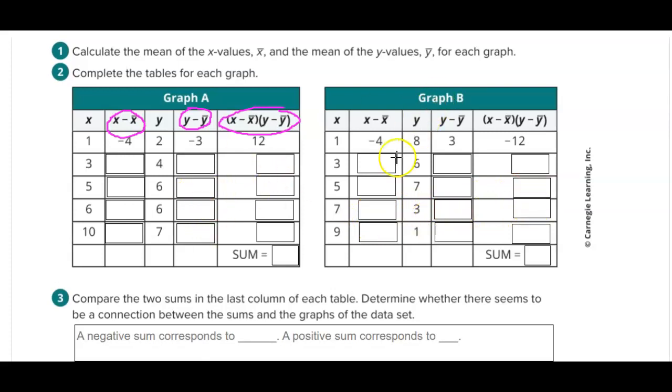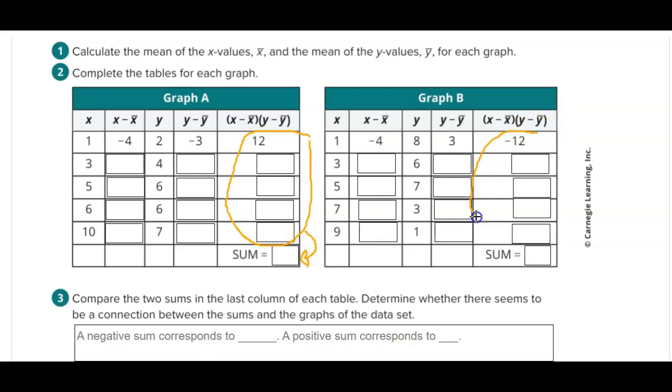And then what you're going to do after that, as the very last step, is you're going to add up these numbers and put the sum in this box. Same with these.